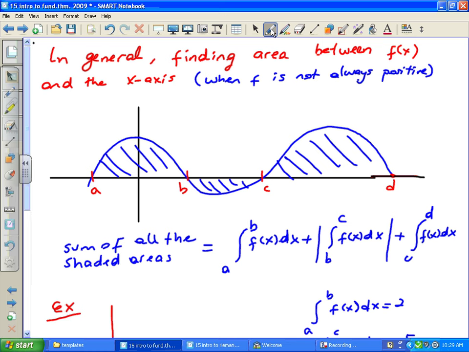And the answer is pretty simple, actually. You go in bits and pieces. First you go from A to B, then you go from B to C and C to D. In each case, you find the integral. You apply the fundamental theorem. But when you are dealing with this side where you have a function below the x-axis, just remember to take the absolute value.